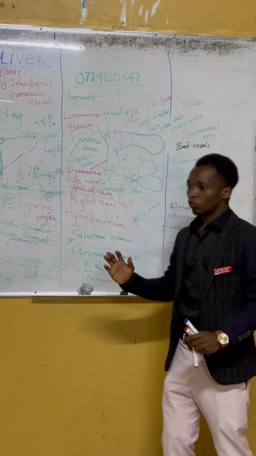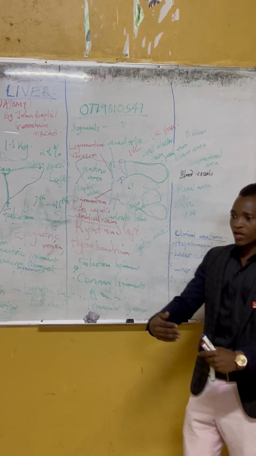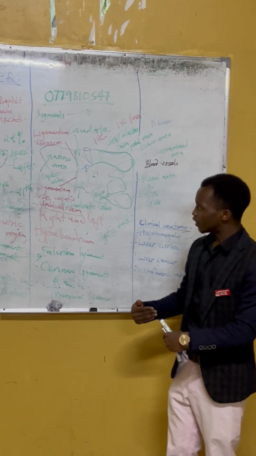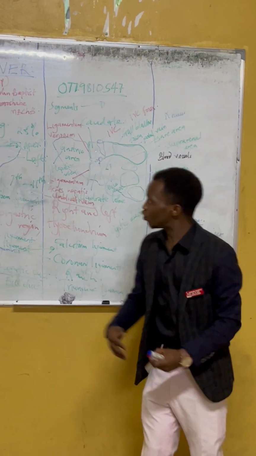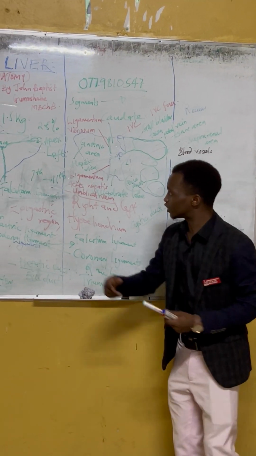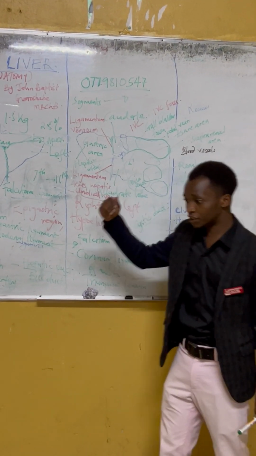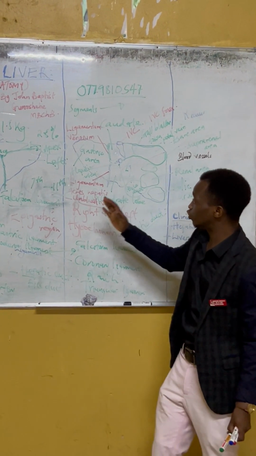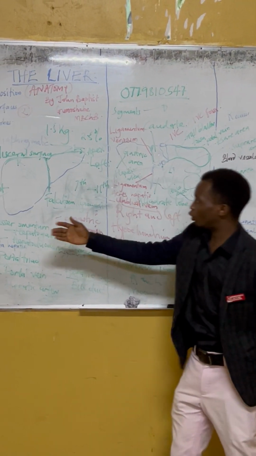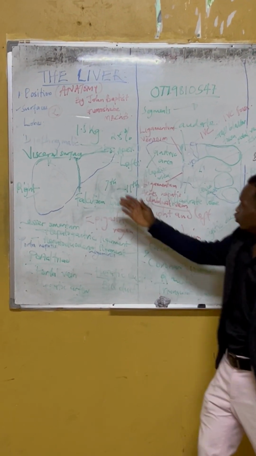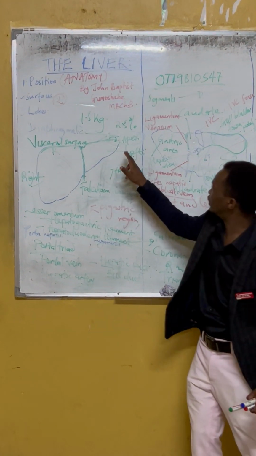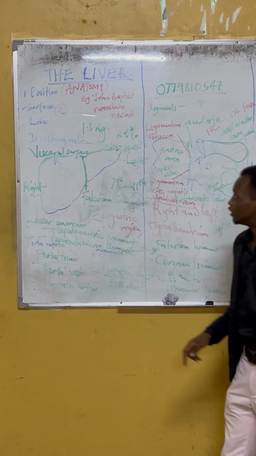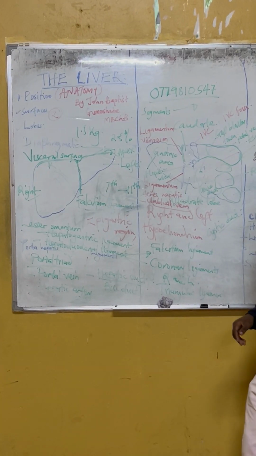That is on the diaphragmatic side. When you go to the visceral side, it is the left sagittal fissure that is going to separate these two. But on the diaphragmatic side, we have the falciform ligament separating the left and the right lobes.